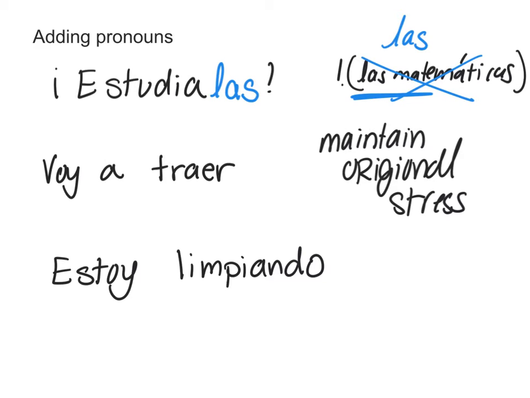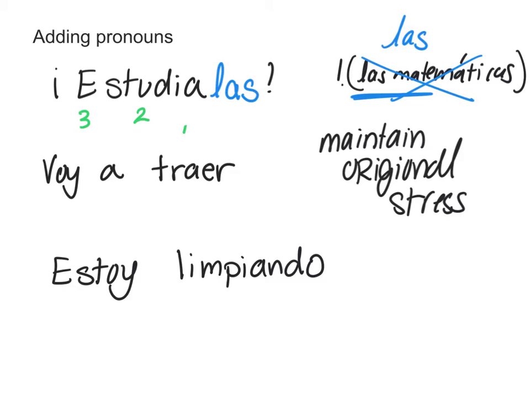Estudia, our stress was here. Here was our last syllable, right? This was a one-syllable word because the u, the i, and the a come together. And here we have estudialas.